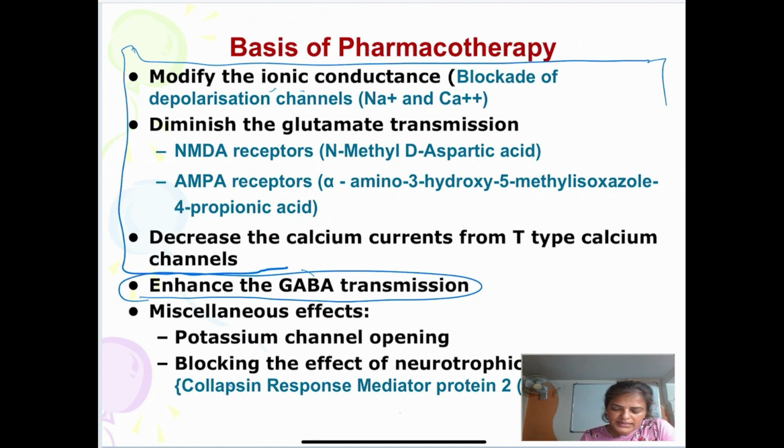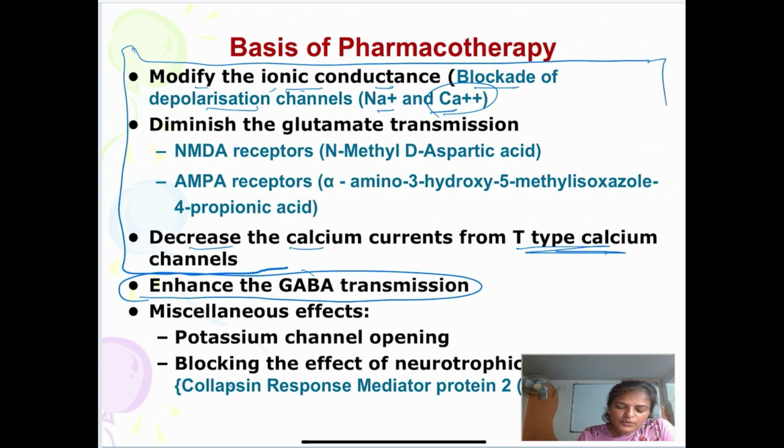They enhance the GABAergic neurotransmission, and decrease the activity of the excitatory neuron by modifying the ionic conductance, that is, blockade of the depolarizing channels, sodium and calcium. There is also the T type of calcium channel, so they are going to decrease the calcium current from the T type of calcium channel also.